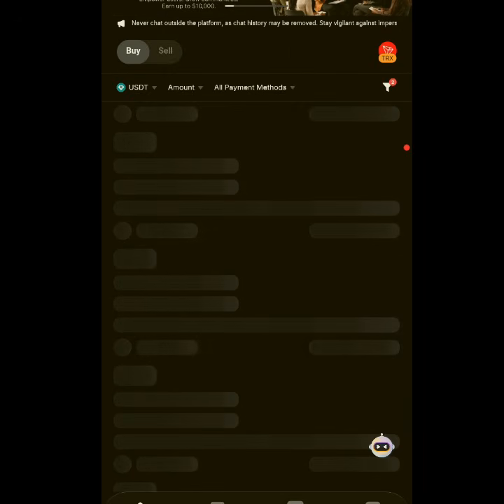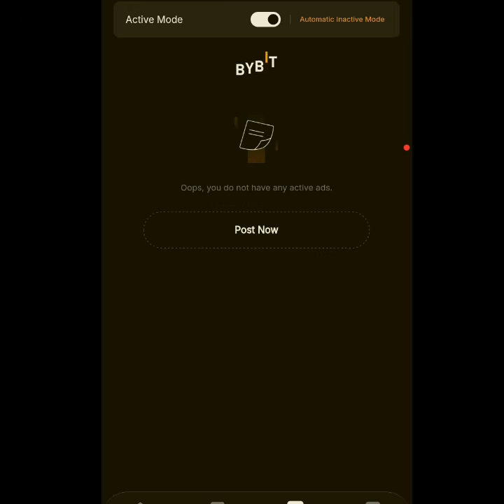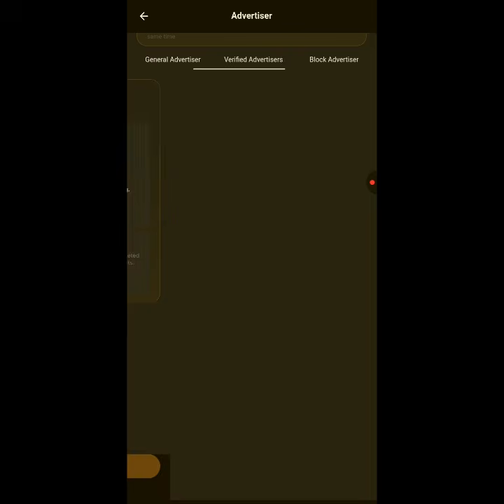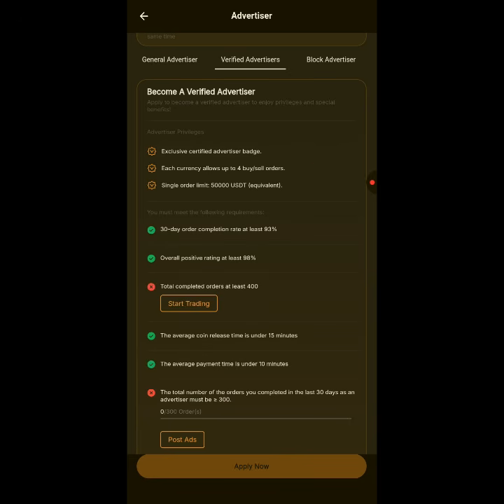So your 30 days completion rate should be at least, I think they said 93% or so. Let's go check it again. Apply now. Come back to verified advertiser. Yeah. So this is the completion rate that at least you should have, like 93% completion rate. I have 100. That's why mine is showing green. So if yours is showing green, you have passed that.